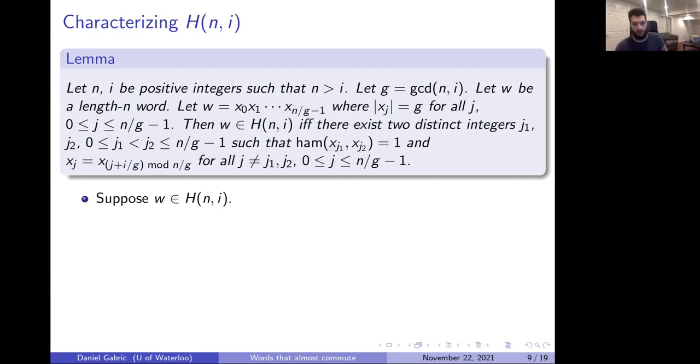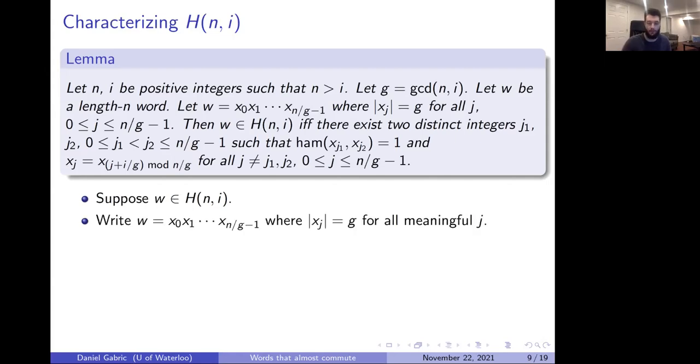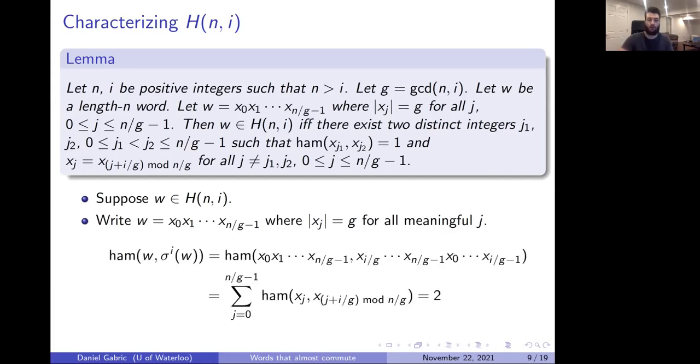So we'll show the forward direction here. First, suppose that w is in H n i, and we write w in the same way, split up into length g blocks. Since w is in H n i, the Hamming distance between w and the ith conjugate of w is 2.